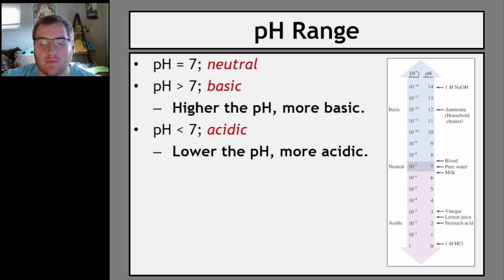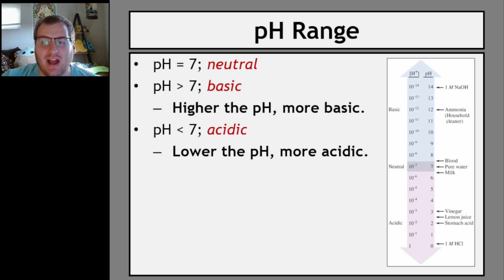This is a logarithmic scale, meaning every time you go up one number or down one number, it's getting 10 times more acidic or 10 times more basic. Basically what that means, if I'm comparing vinegar, which is a 3, with stomach acid, which is a 2, stomach acid is 10 times more acidic than vinegar, which makes a lot of sense because we would eat vinegar and things, but I don't know if we would eat stomach acid. It's 10 times more acidic than vinegar.